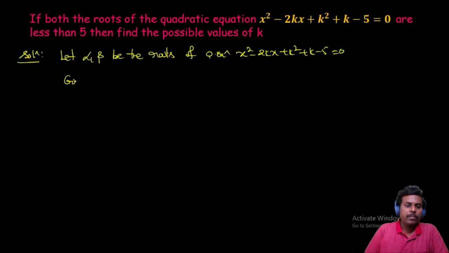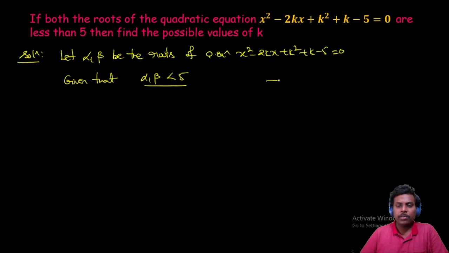Given that the roots are less than 5, this implies alpha comma beta are less than 5. This is the information that we have. Now we have to find all the possible values of k actually.